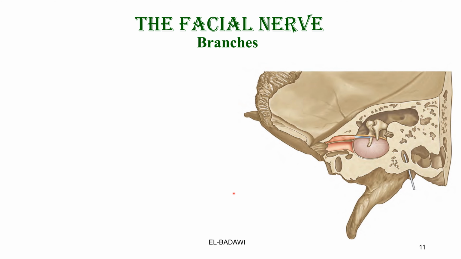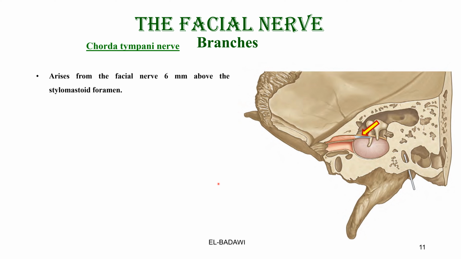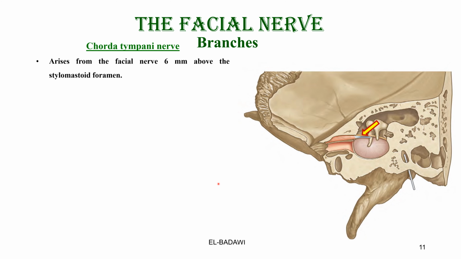The third nerve in the petrous part of the temporal bone within the facial canal is the chorda tympani, the largest branch here, which arises from the facial nerve about 6 millimeters above the stylomastoid foramen. That is the stylomastoid foramen here.